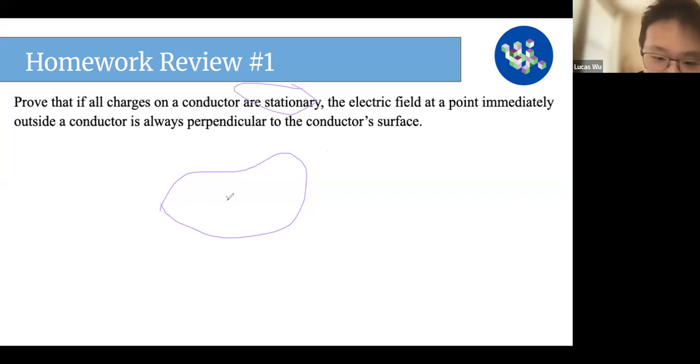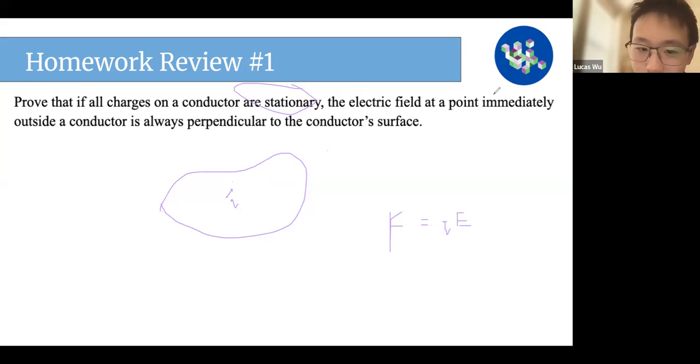The reason for that is, for example, if I have a charge over here and a component of the electric field points along the surface, in that direction, then there will be an electric force, because F equals QE. And the electric force is in the direction of the electric field.